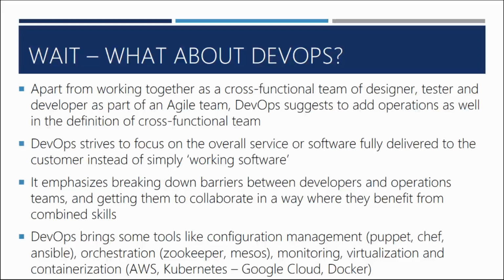So DevOps essentially will reduce their time, costs and risk too. DevOps brings some tools like configuration management: Puppet, Chef, Ansible; orchestration tools like Zookeeper, for example; monitoring and virtualization tools; containerization is very important; and platforms like Amazon, Kubernetes by Google Cloud, and Docker.